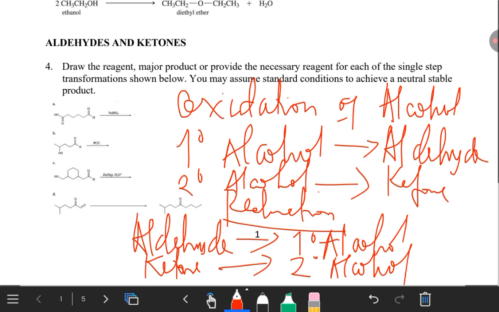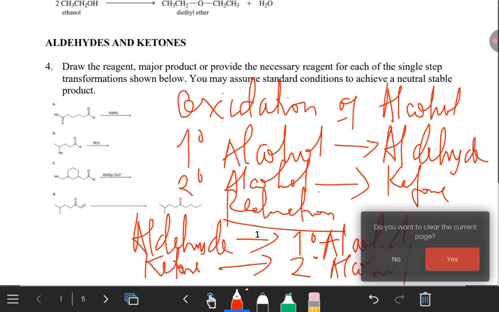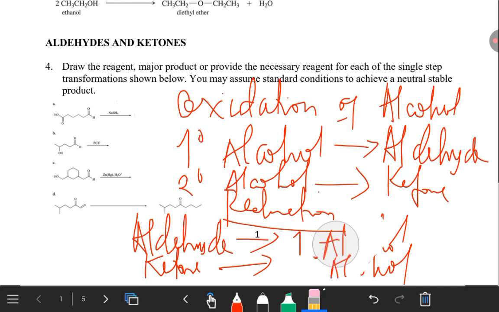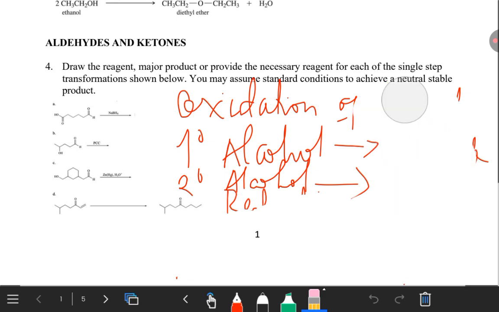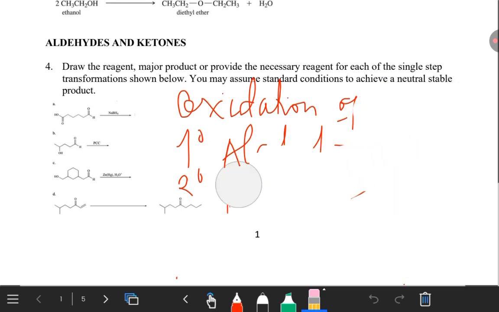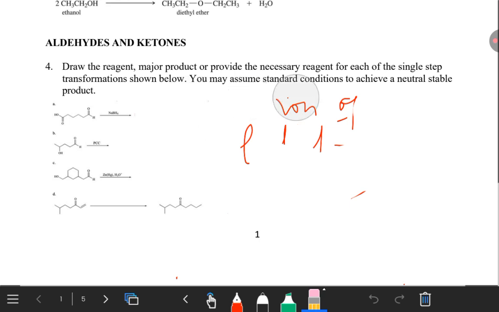Okay, now let's answer the question. So for the first one, we have this group, this side, which is just a carboxylic acid.